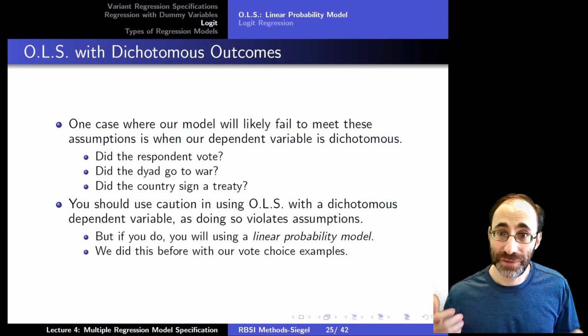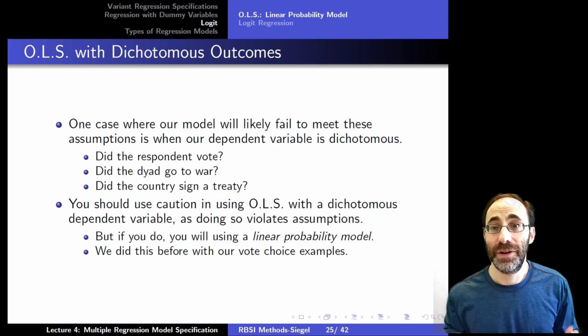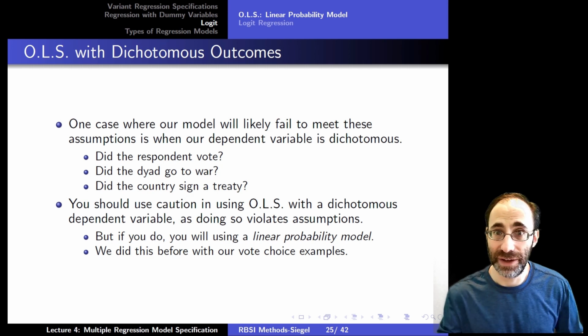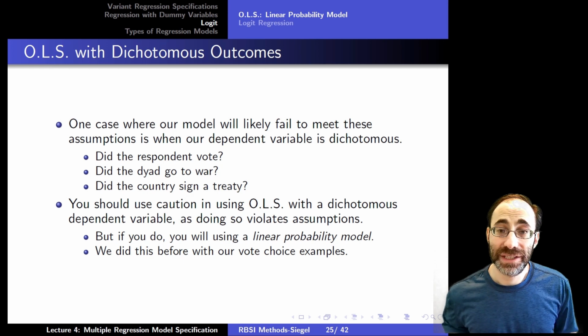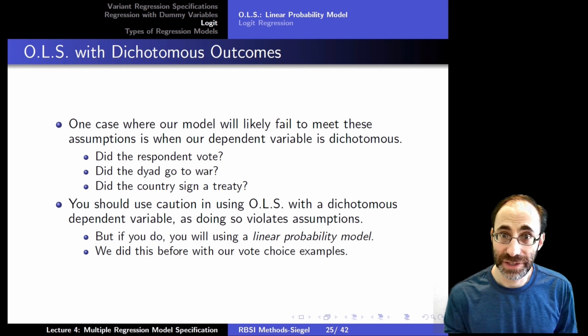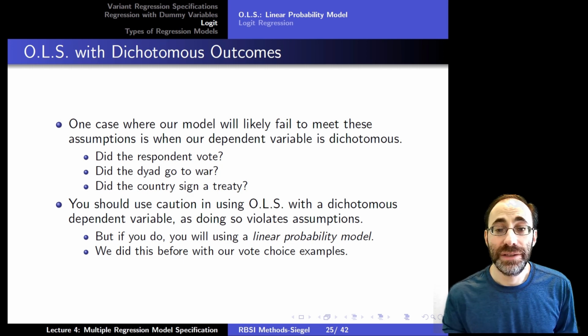We have only two possible values, so it's definitely not continuous, it's definitely bounded, and it's barely a number. It's a 0 or 1, which is kind of an arbitrary way of labeling two different values, a yes or no. And there are a lot of examples like this in social sciences, right? Like, did someone vote or not? Did a pair of countries, which is called a dyad here, go to war? Did a country sign a treaty or not?